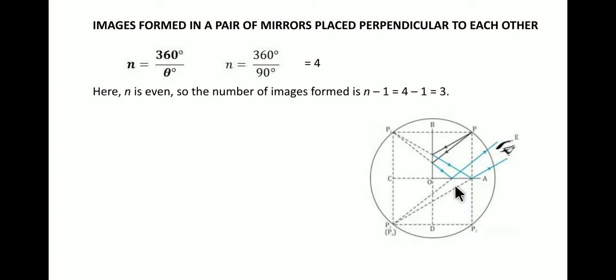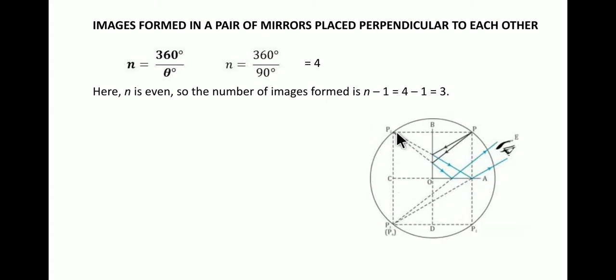So there are two images, one formed in the mirror OB over here and the other one formed in OA over here. Now this image will be seen by this mirror OA, and hence its image will be formed further over here. So the observer looking at the mirror OA can see that there is this image for this virtual object.